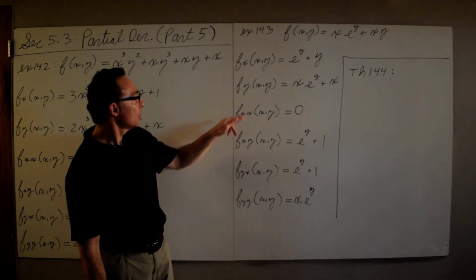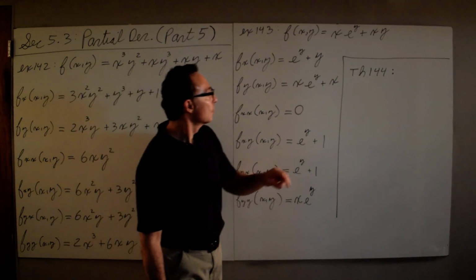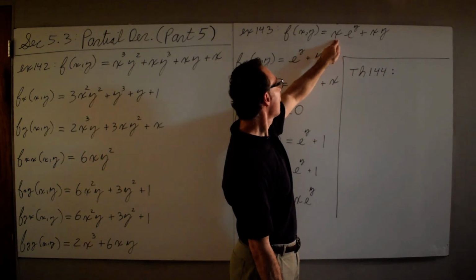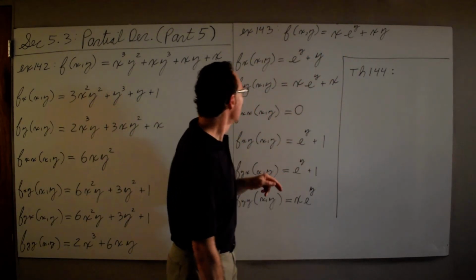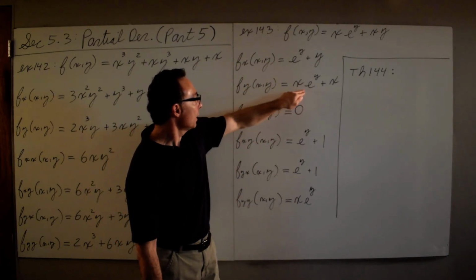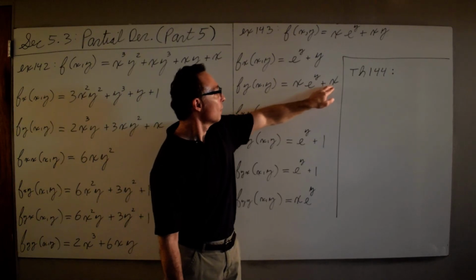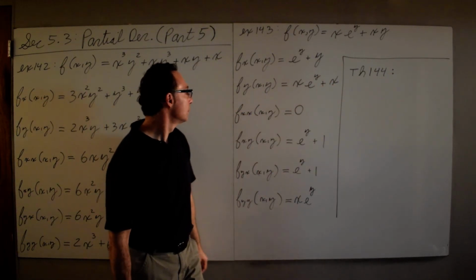For the partial derivative with respect to y, we pretend x is a constant. The derivative of e to the y is e to the y, so we just have a constant times an exponential function. The partial derivative with respect to y of x y is x.